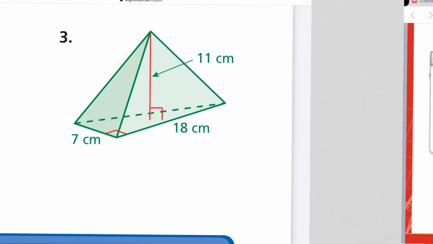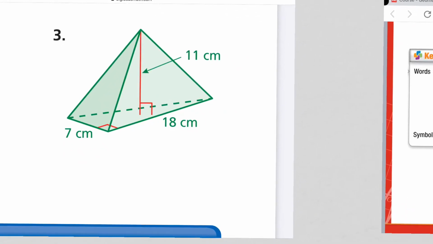So now we're going to go ahead and try a triangular pyramid. Again, same formula, volume equals 1/3 big B H. In this case, our base here is a right triangle, and that's what a lot of your bases are going to look like, a right triangle.